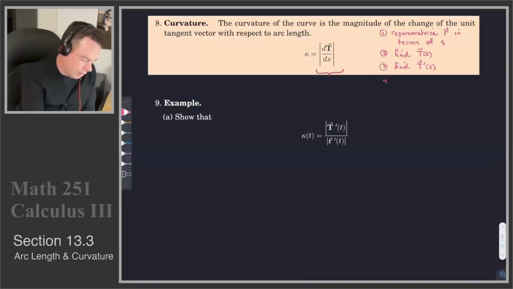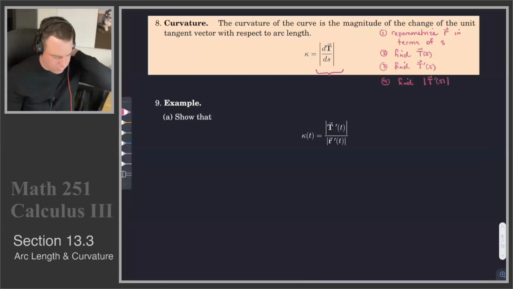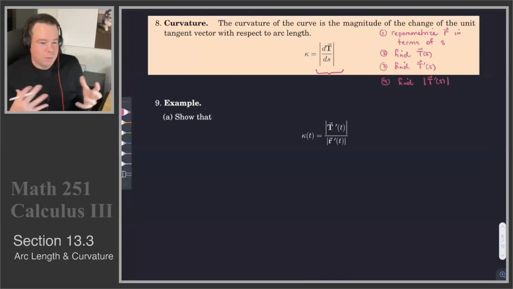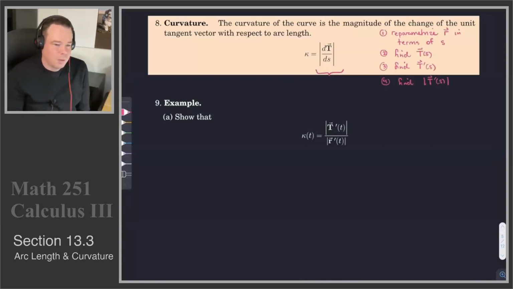And then lastly, we'd have to find the magnitude of that, because that's the definition of curvature. There's a lot going on to actually find the curvature, because we've defined the curvature in terms of the unit speed parameterization. So we first have to get the unit speed parameterization and then do all the work on that. Problem is that's a lot of work and sometimes very tedious, sometimes very difficult.